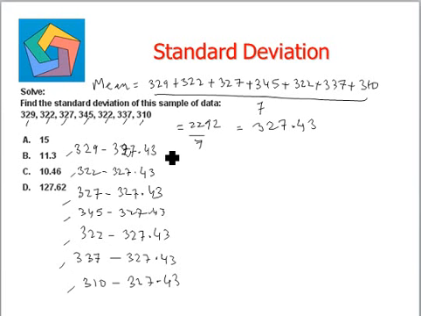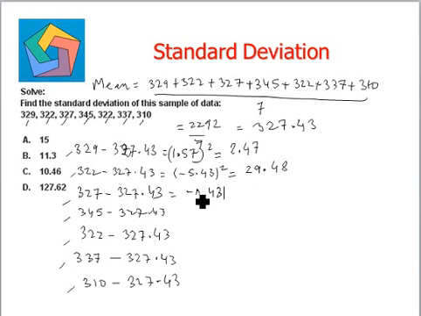This is equal to 1.57, and when squared this will give us 2.47. Now the difference would be negative 5.43. When squared it will give us 29.48. This is equal to negative 0.43. Squared will be a positive number. This is going to be 0.18.